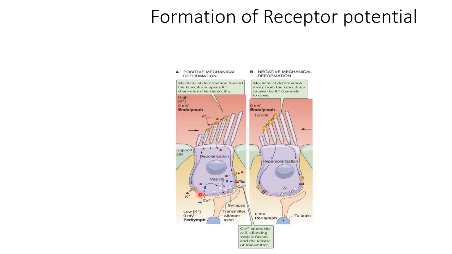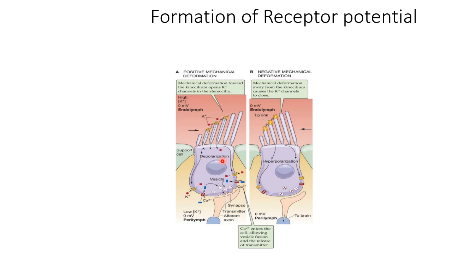This electrical gradient between inside and outside causes a huge entry of potassium from the endolymph, that means from outside of the cell, through this mechanosensitive channel into the cell. This positive influx causes depolarization of the hair cell.